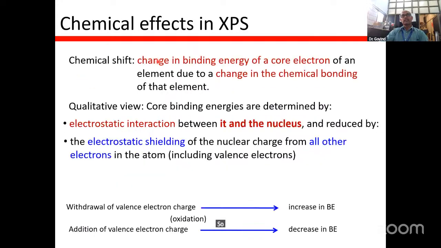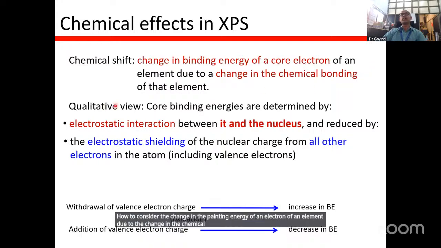As I said, contamination also has some effect in shifting the peak. Also, sometimes a chemical effect is observed, and this chemical shift we also have to consider. It is the change in the binding energy of a core electron of an element due to the change in the chemical bonding of that element.